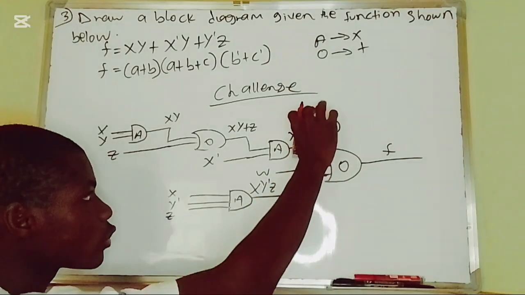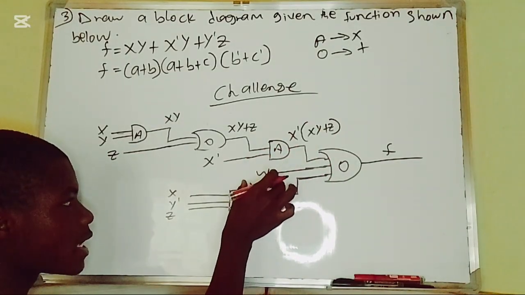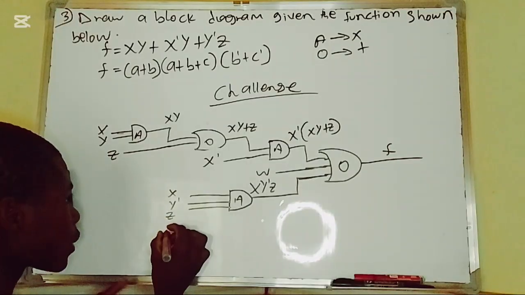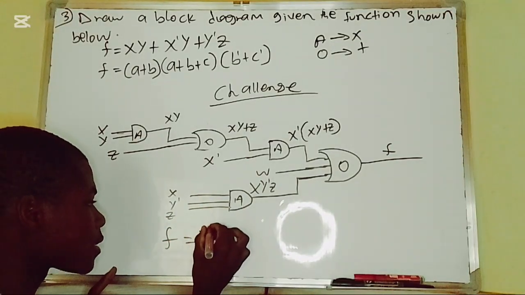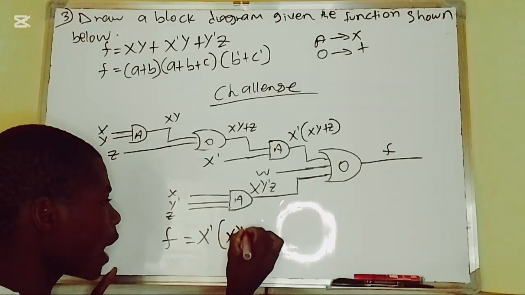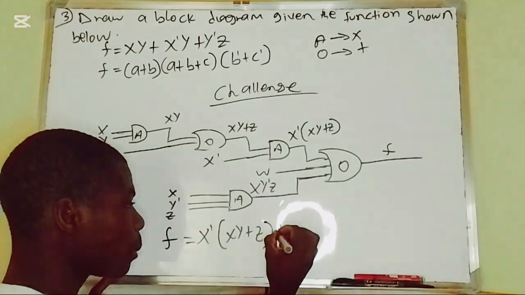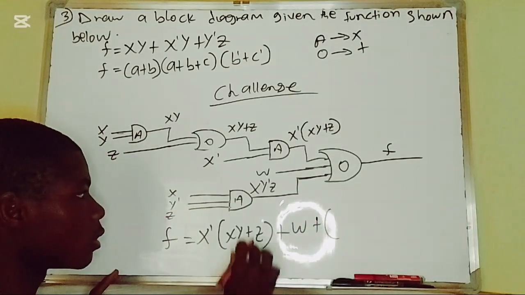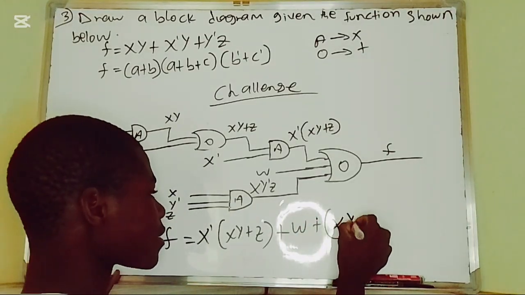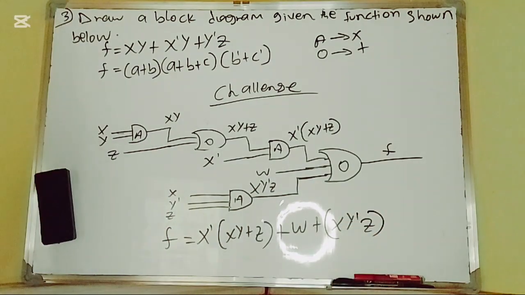So therefore, we are going to use this as the first input, this as the second input, and this as the third input. So therefore, the function f will be the first, which is X times (XY plus Z). It is an OR gate, so therefore plus W. And therefore plus we have XY'Z.